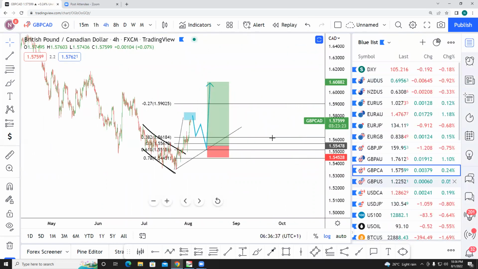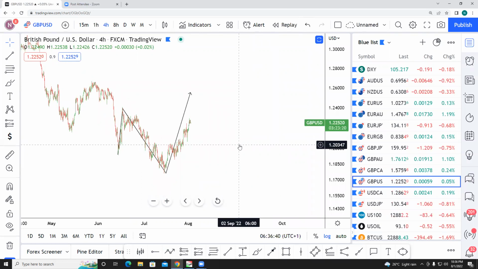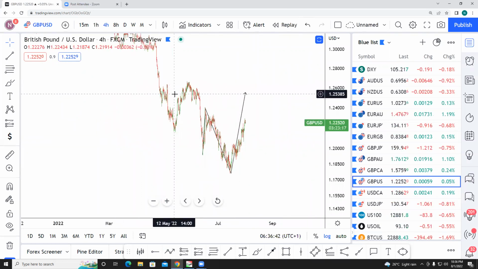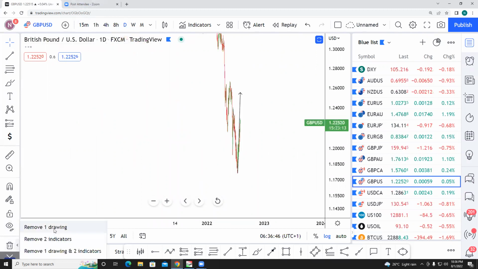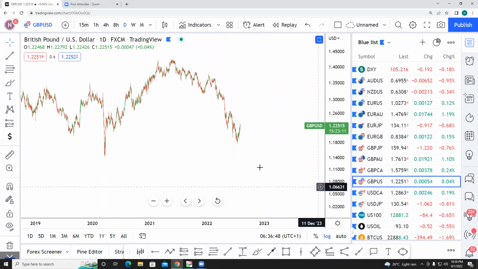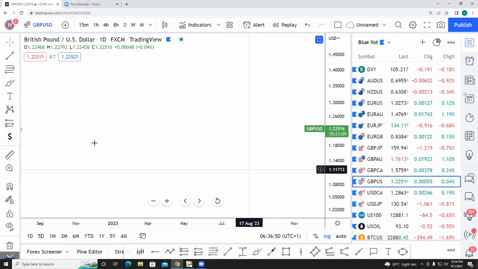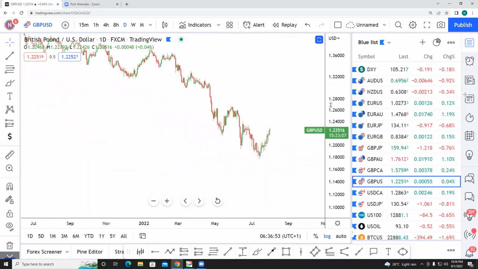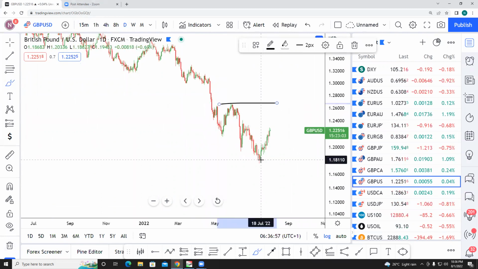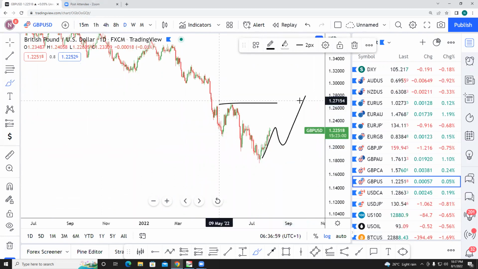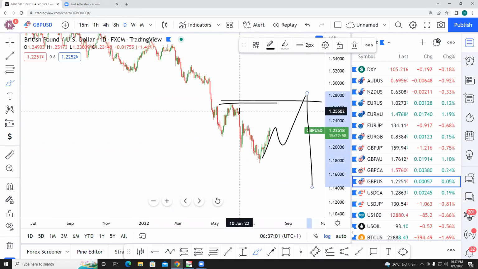GBP CAD. Then GBP USD. Okay, GBP USD for daily time frame. Let's look at daily for this one. Okay, we also want a situation where this pair crosses this level before we can sell to the upside.